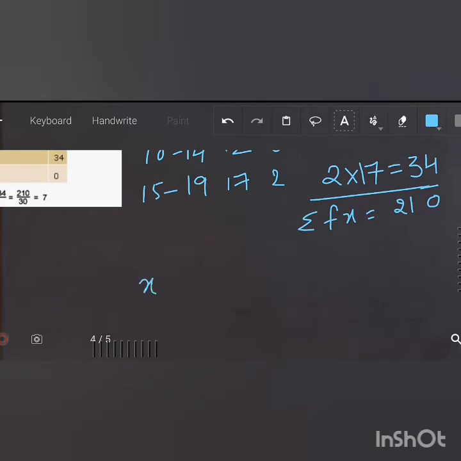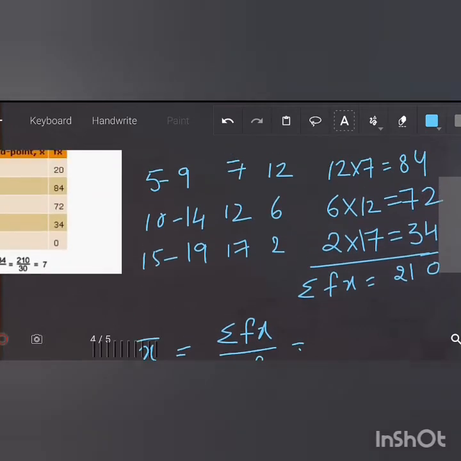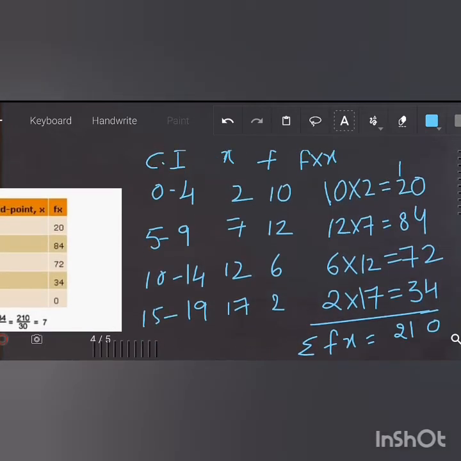According to the formula of mean, x bar equal to sigma fx by sigma f. That means we have to add all these frequencies also. 10 plus 12 is 22, 22 plus 8 is 30. So we got sigma f equal to 30.